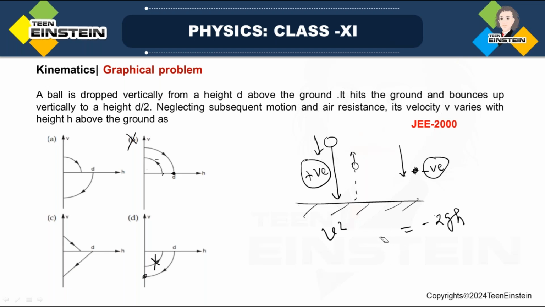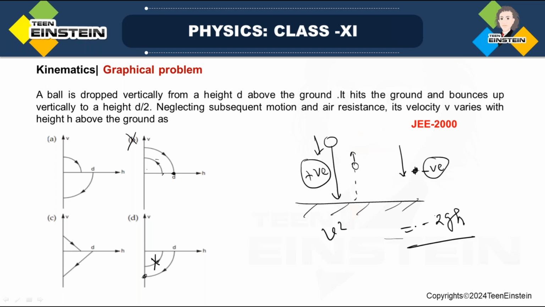So you can see that v square minus u square is equal to 2gh anyway.